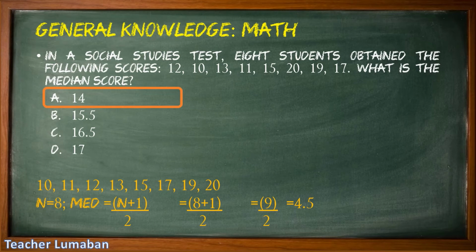The n equals 8 because there are 8 scores. Then median is equal to n plus 1 over 2, which means 8 plus 1 over 2, which equals 9 over 2, which is equivalent to 4.5. Count the numbers from the start and end at the 4.5 position, which is 14 because it is in the middle of 13 and 15. The answer is 14.